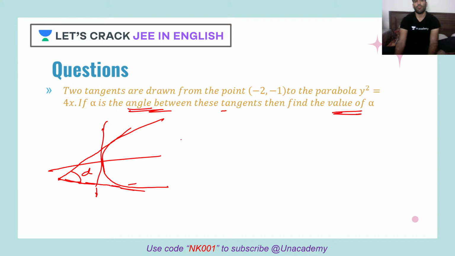If I want to find the angle between the tangents, what do I need? Obviously I need the slope, because if I know the slope of the lines, only then can I find the angle, correct? So someone is indirectly asking you to focus on slope. So how can you do this? I would share two approaches with you.